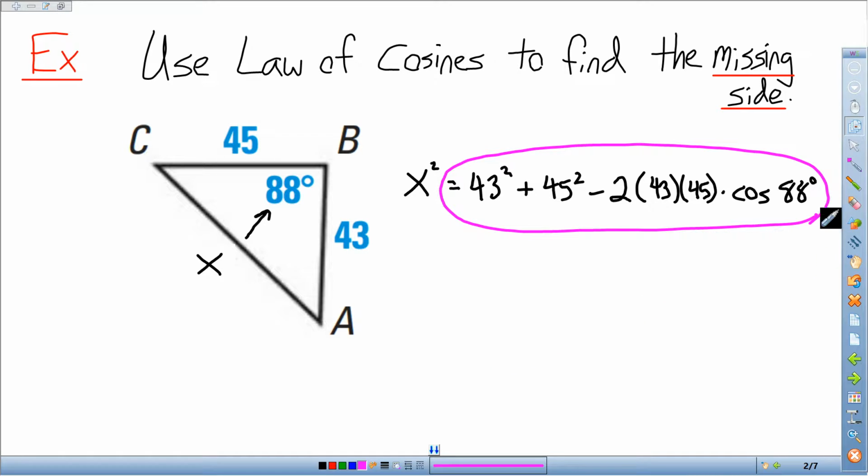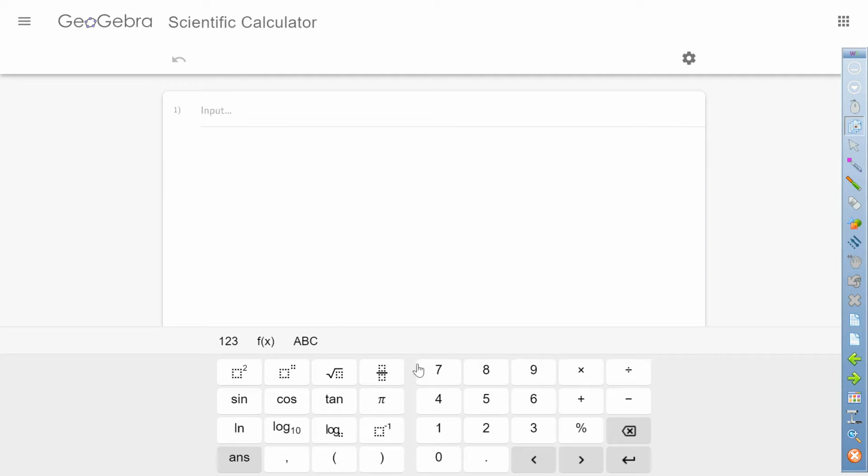Let's start typing: 43 squared, plus 45 squared, minus 2 times cosine. Oh wait, sorry, my bad. Not times cosine, not yet. Sorry, backing up.